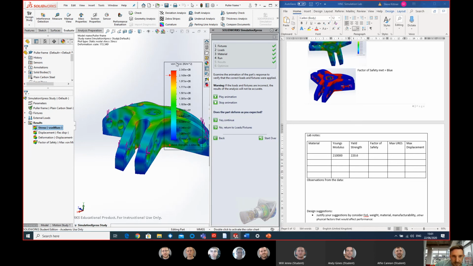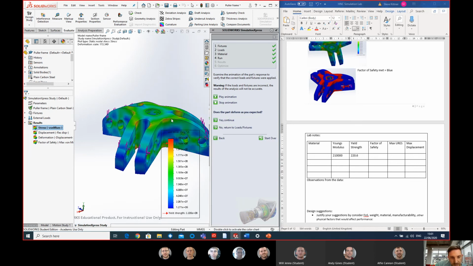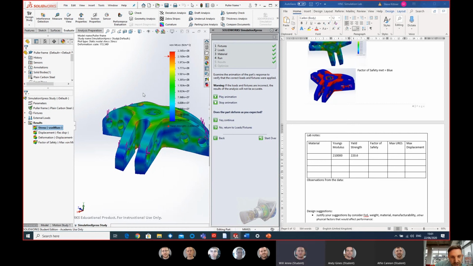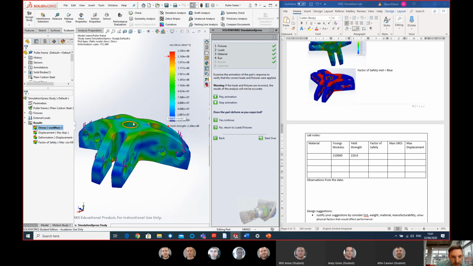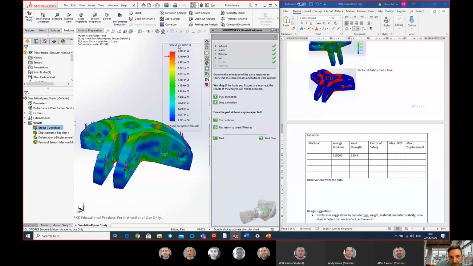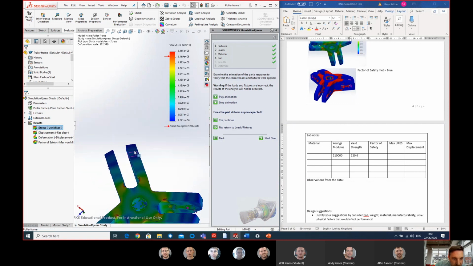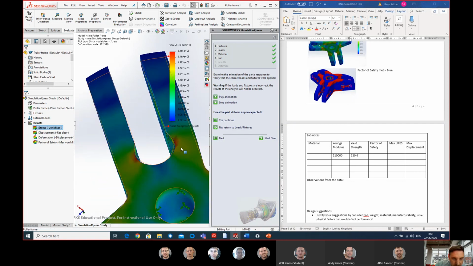So again, one of the things that bugs me slightly in this software is that it always changes the scale of your stress. So when you're trying to compare variable things, it can be difficult sometimes to figure out exactly where you are. It amends this and changes it relative to how much stress is in the part or how much displacement is in the part. Okay, so there's our stress. We can see a couple of little weak areas under the bottom here.